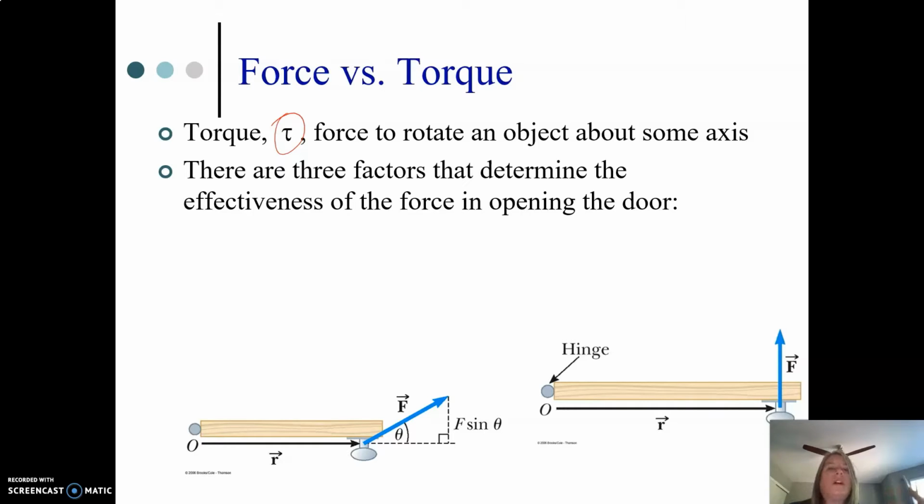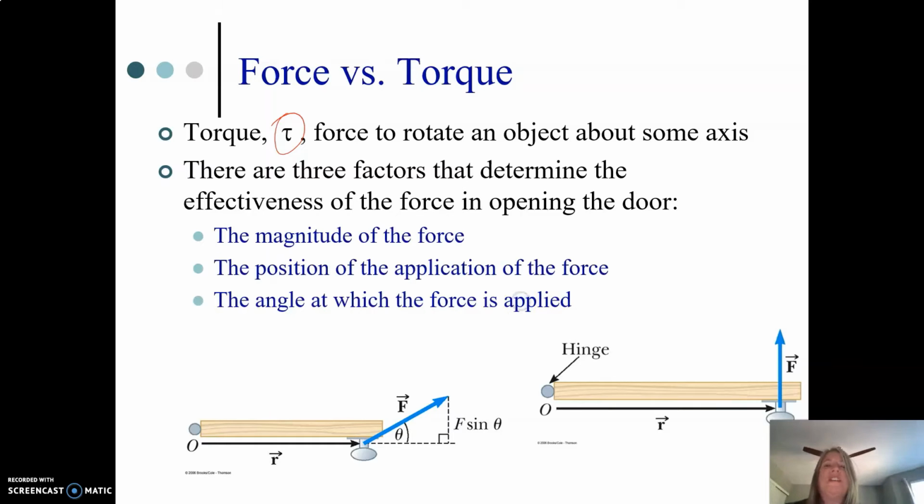Now, remember that for torque, there are three factors that determine the magnitude. If you had me for AP1, I talked about how I was a great door slammer when I was a kid. And so I knew the three things that actually increased the magnitude of slamming my door.